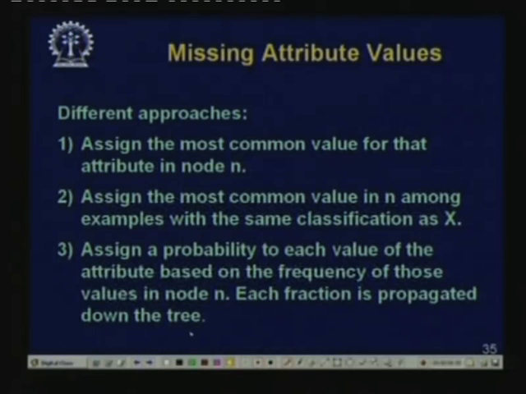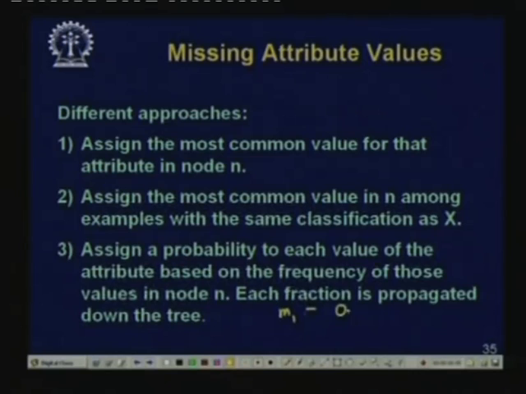So, each fraction is propagated down the tree. Suppose we find in the examples the mass has a value of m1 with probability 0.7, m2 with probability 0.2, m3 with probability 0.1. We assign these values with this probability to the node n, and we use that in the decision tree algorithm.